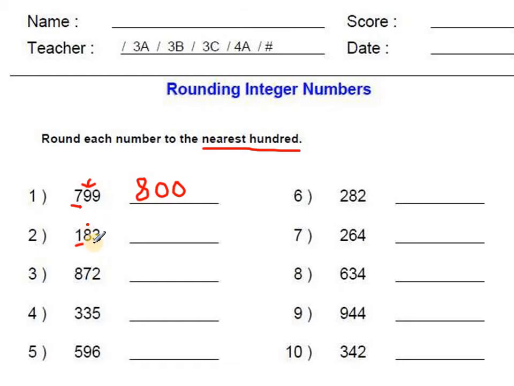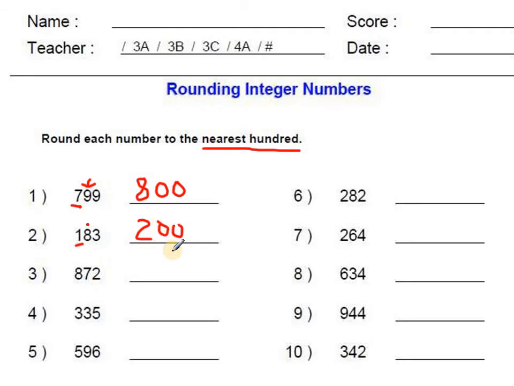That 8 is bigger than a 5, so the hundreds place rounds up. I'm rounding to the nearest hundreds, so the hundreds place rounds up. In this case, the 100 becomes 200. And the song reminds me that everything to the right becomes a 0.